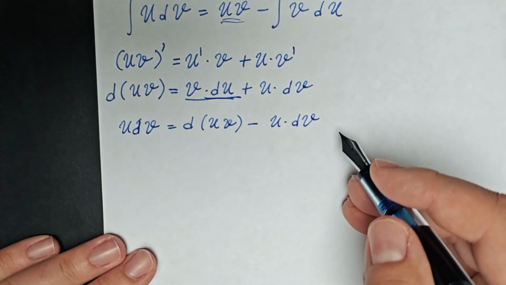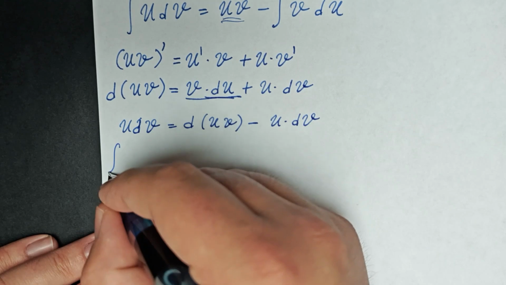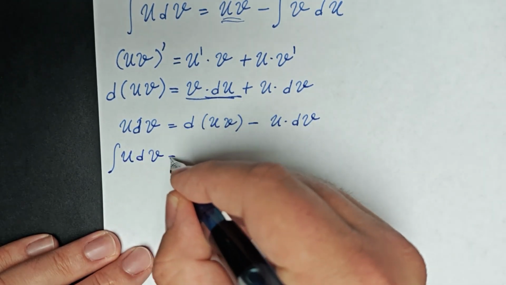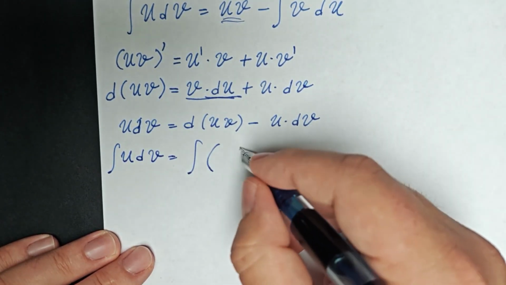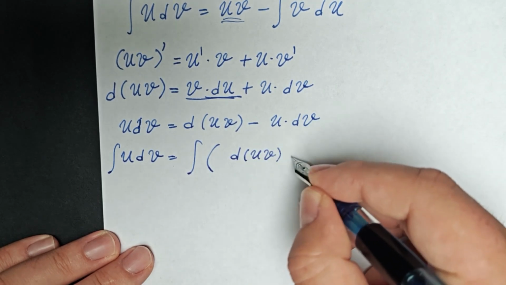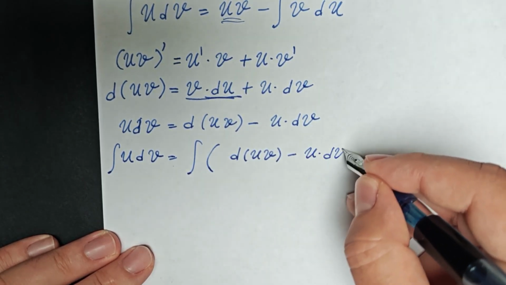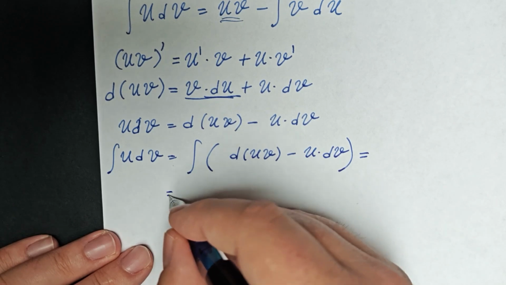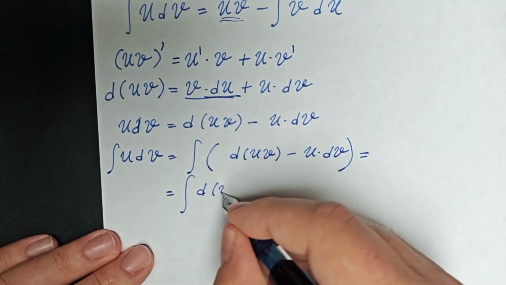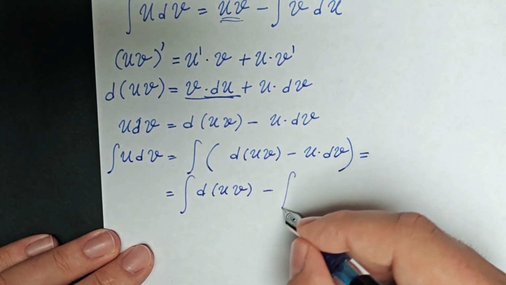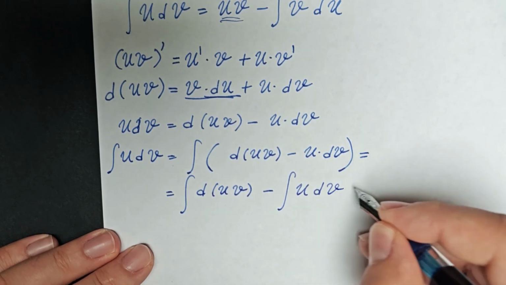And now we are going to integrate everything. We have an integral of u dv to be equal to an integral of the differential of uv minus v du. This is equal to an integral of the differential of uv minus an integral of v du.